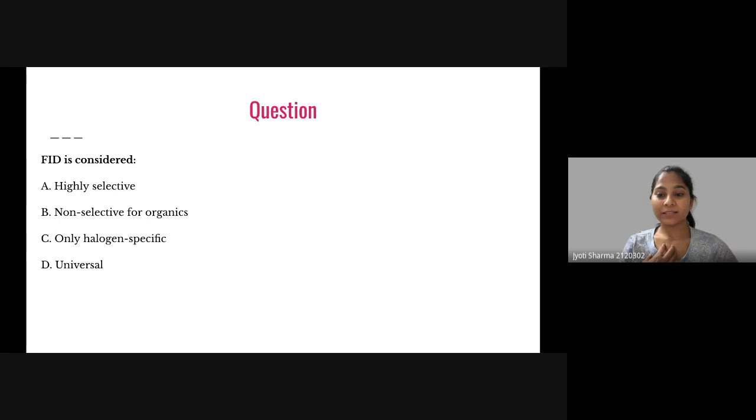It is not highly sensitive. So it is not highly selective actually. And we already have talked about, this is all about hydrocarbon, so it is not halogen specific, and it is not universal because it is just for the hydrocarbon. So the remaining one is the B only, so non selective for organics.